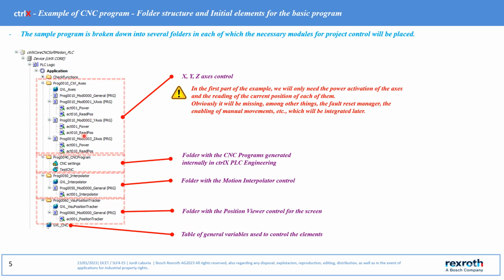Obviously, as can be seen in the structure, we will also use a folder for the machine programs generated from the software, the module for controlling the movement interpolator, and the last one with which we will configure the movement viewer on the screen. We also have a table of general variables.